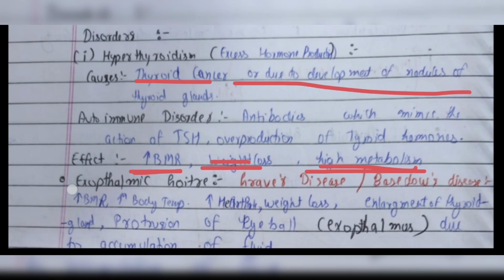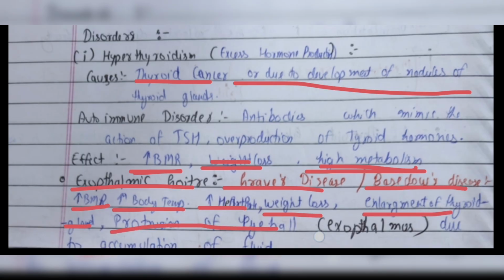Then one of the cases of hyperthyroidism is exophthalmic goiter, also known as Graves' disease or Basedow's disease. It causes increased BMR, increased body temperature, increased heart rate, weight loss, enlargement of the thyroid gland, and protrusion of the eyeball, also known as exophthalmos, due to accumulation of fluid.